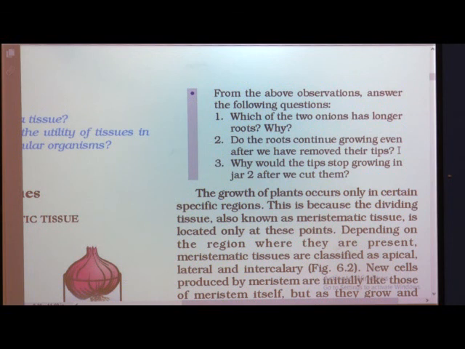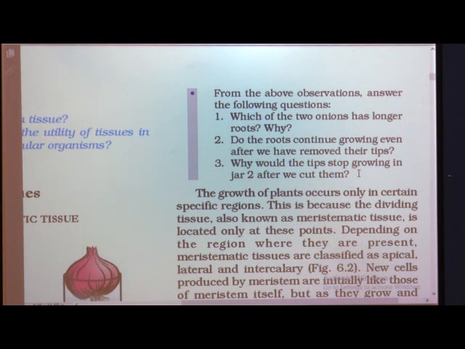Now, the third question for you is, why would the roots stop growing in jar 2 after we cut their tips? Just think. Because growth in plants occurs due to meristematic tissue. Meristematic tissue is also called growing tissue.